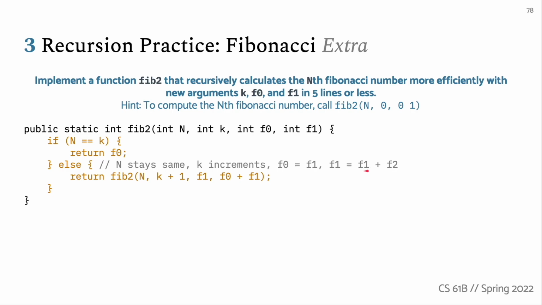This should say F1 and F0, and I'm sorry that it doesn't, but you can imagine that it does. This slideshow is 80 slides long, so there's going to be some small typos. I'll fix them. But yeah, F1 becomes F1 plus F0, which is the next Fibonacci number. And that's it. That's all you have to do here.